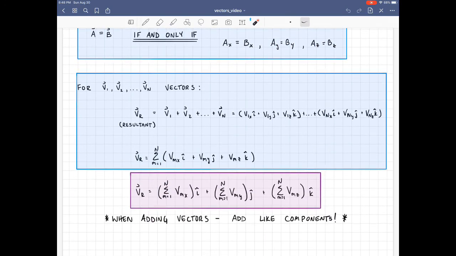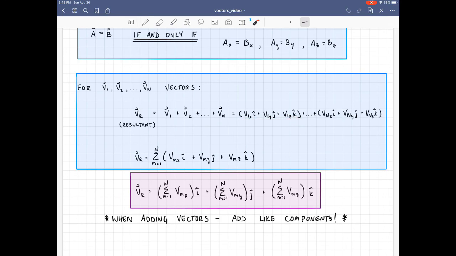And then generalizing what we already introduced when we were adding just two vectors is that if you've got any number of vectors and you want to add them up, and again, when we add vectors, a lot of times we call the resulting sum the resultant. If you want to add up your vectors, remember each vector has an i, j, and k component.